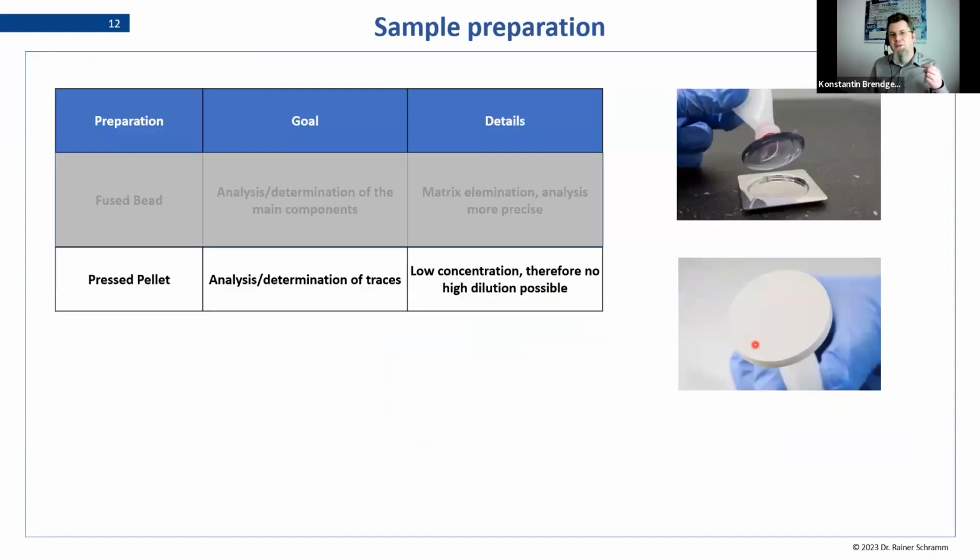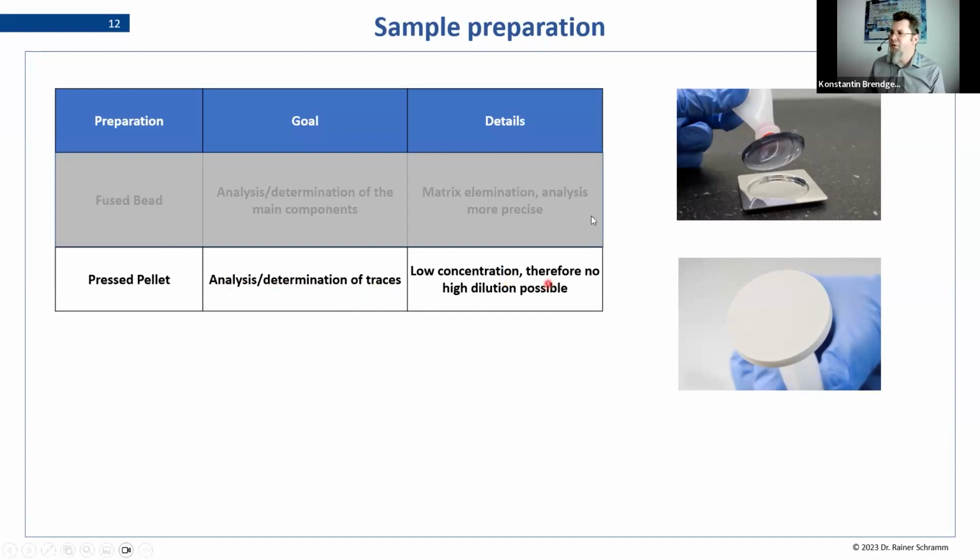The second preparation we are doing with the exact same sample, a different part of it, obviously, is we also make a pressed pellet. And the interesting thing here is that in this analytical method, we use the pressed pellet for trace analysis, which usually doesn't work that well. But in this case, we are really looking for low concentrations, and we are really looking for very few atoms in our samples.